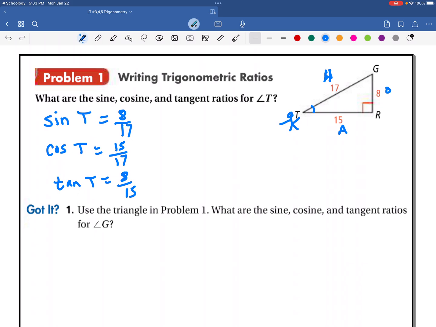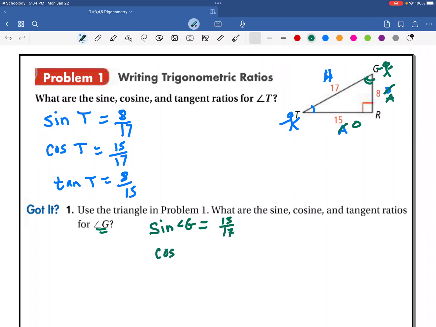Now we're going to do the same but for angle G. So now we're standing at angle G. What changes? Well, the hypotenuse stays the same. Now 15 is the opposite and 8 is the adjacent. So the sine of angle G will be the opposite, 15 over the hypotenuse, 17.